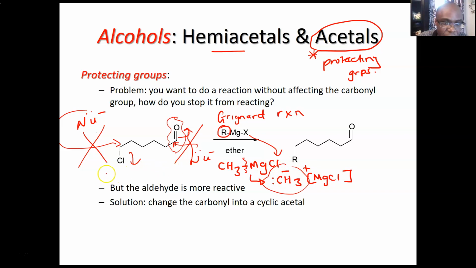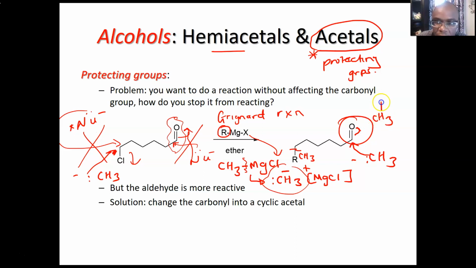So CH3 negative can be used as a nucleophile to attack the carbon bearing the Cl, and Cl falls off. So in this case, I would have put the CH3 here. But that is not the only thing that happens. This aldehyde will still be attacked by the CH3 minus if you are doing Grignard, and you will end up with this molecule.